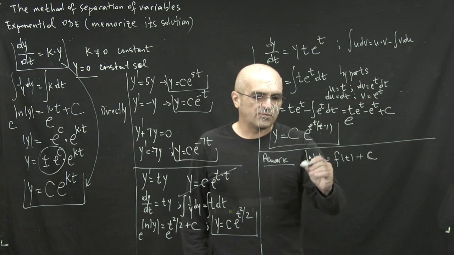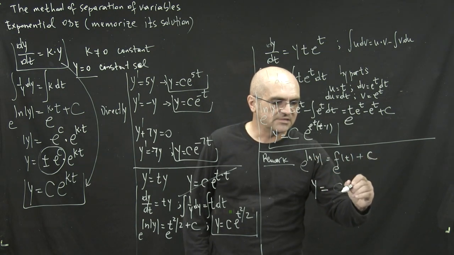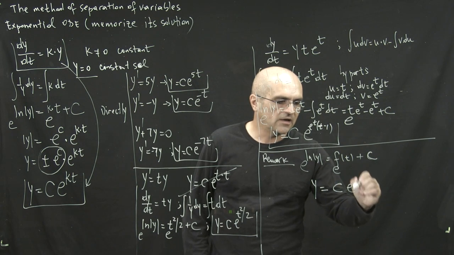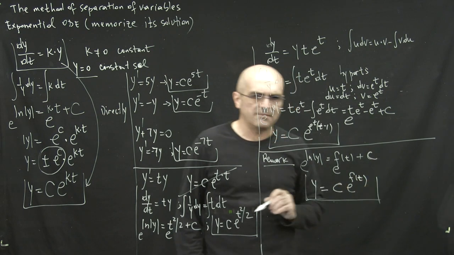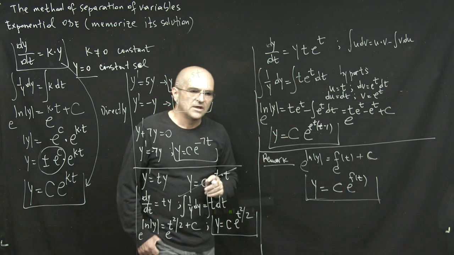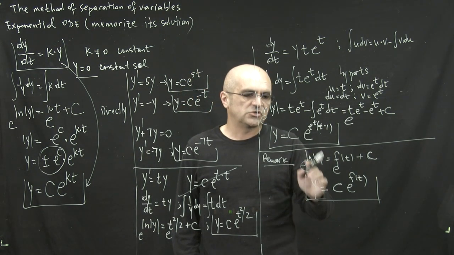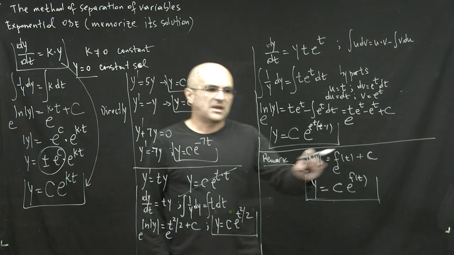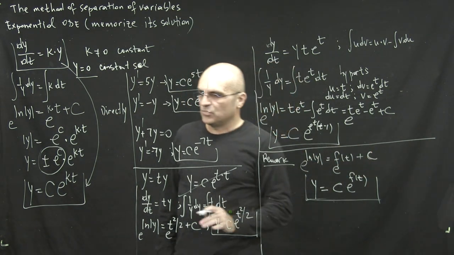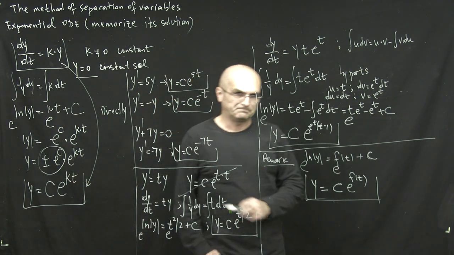Then when you exponentiate it, y remains on the left, plus c becomes times c, and then e to whatever that function was on the right hand side. So we used this shortcut basically like 3 times today in this lecture. And keep that in mind. Again, it only applies if you end up solving for y from a natural logarithm. The plus c becomes times c because of that renotation of plus minus e to the c with c.